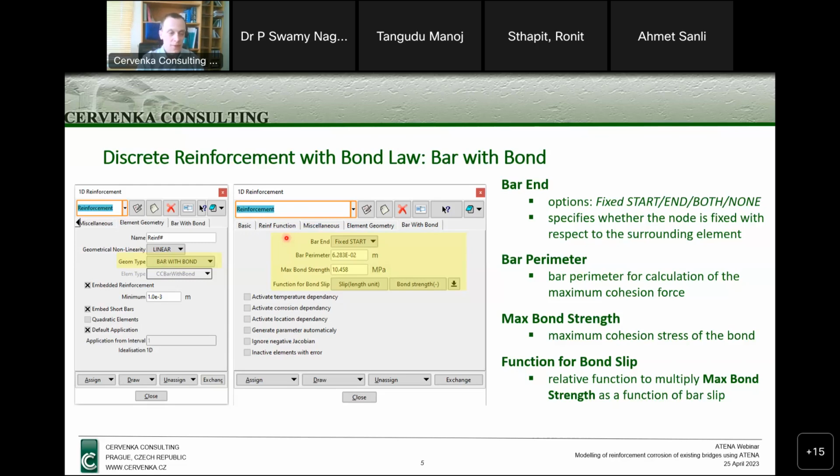So if in your global model you don't want to specifically model this kind of region, you can use this option and set that the end of the bar is fixed, either the start or the end or both ends, and this can efficiently simulate the end hooks.